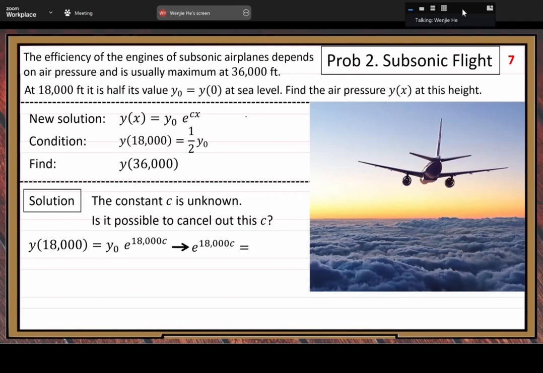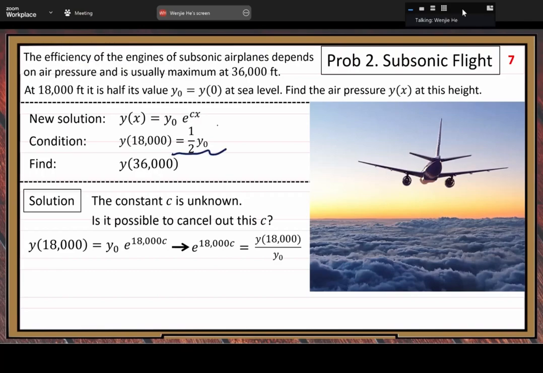Here I do some simplification because this equals 1/2 of Y0, right? Here I actually write it in this way, but this information is useful, so we leave it there.